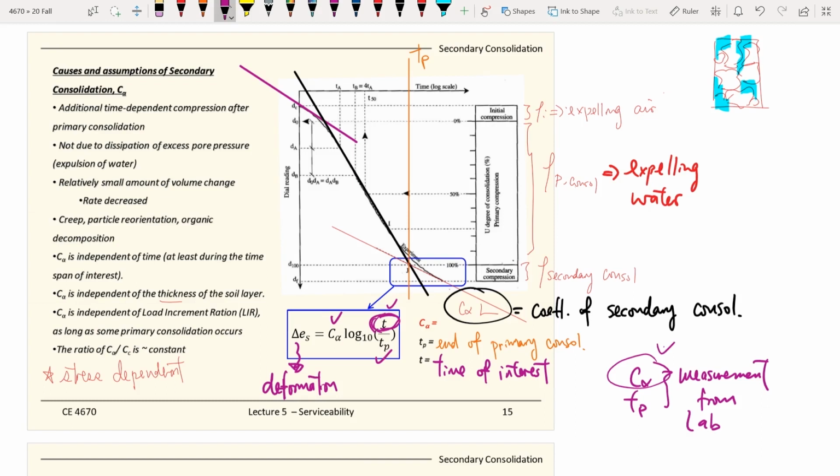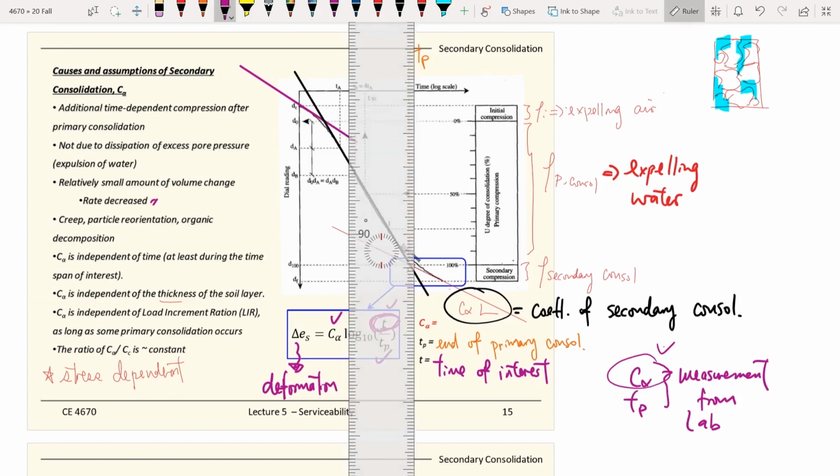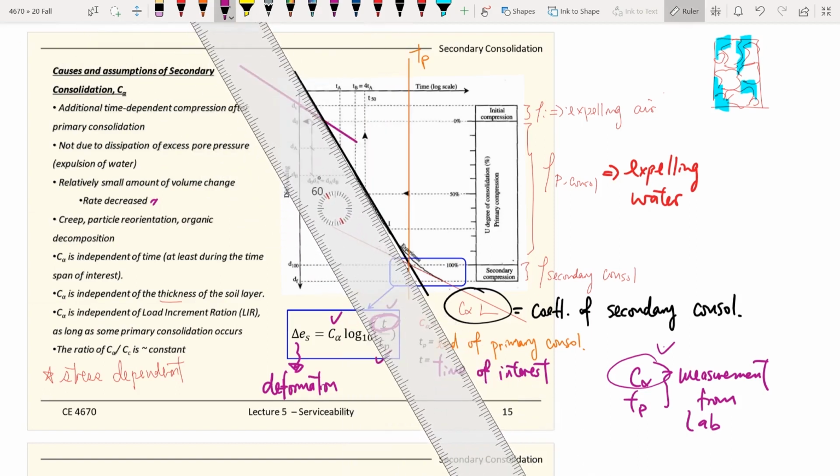First, we're talking about the additional time dependent compression after the primary consolidation. So this is secondary consolidation, and we're looking at a time when there's no more dissipation of excess pore pressure, which means there's no more squeezing out of water. And this is also a relatively small amount of volume change compared to the primary consolidation, as you can tell from the slope of the curve.